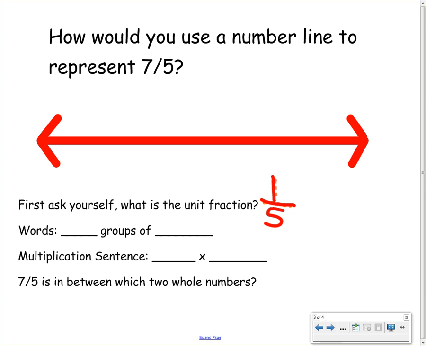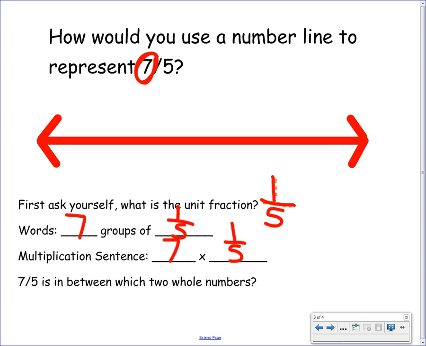Then we have to think, how would we say this in words? We know our unit fraction is 1/5, so we're going to have groups of 1/5. And the numerator will tell you how many groups we're going to have. So we're going to have 7 groups of 1/5. To write our multiplication sentence, we'd write 7 times 1/5 to get us to 7/5.